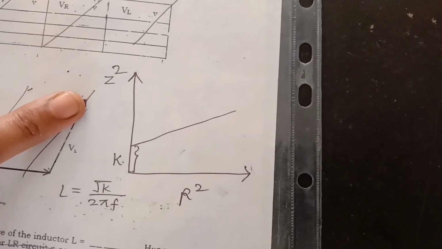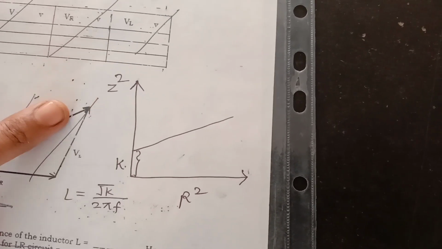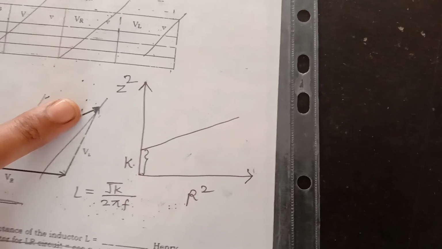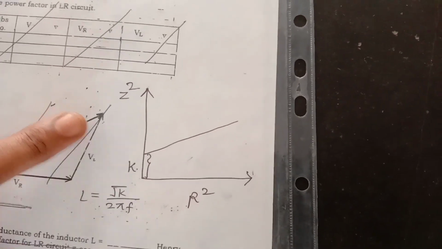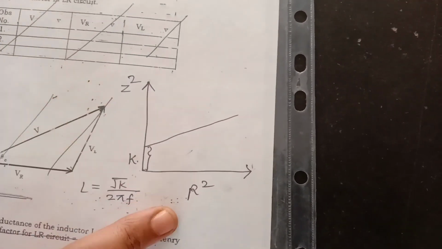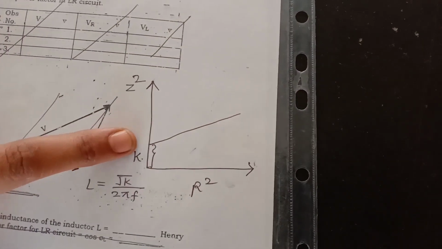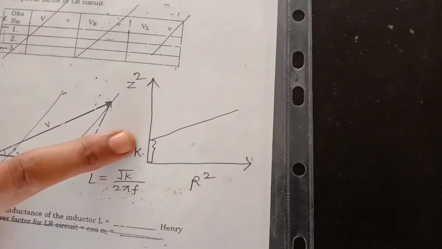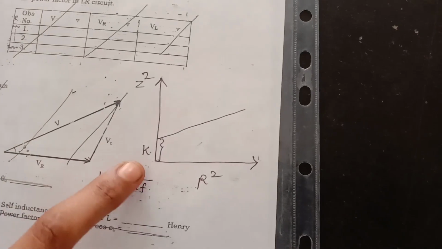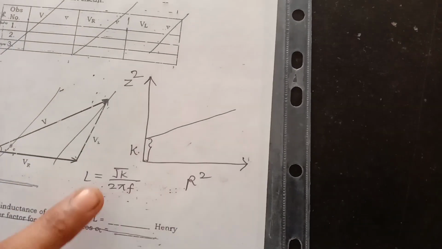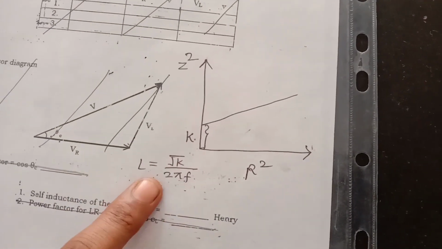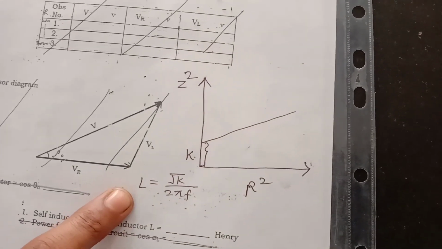As you know, resistance is for DC circuits, and Z is taken as the equivalent of resistance for the AC circuit. When you plot the graph of Z square versus R square, you get the nature like this. There is the intercept on the vertical y-axis, and using the value of this intercept, root of intercept upon 2 pi f, you will get the value of L.